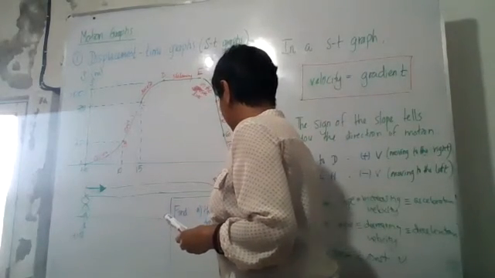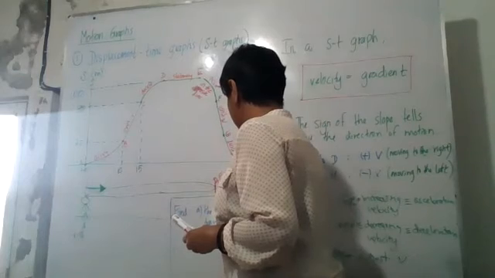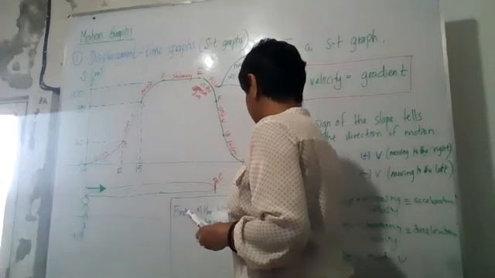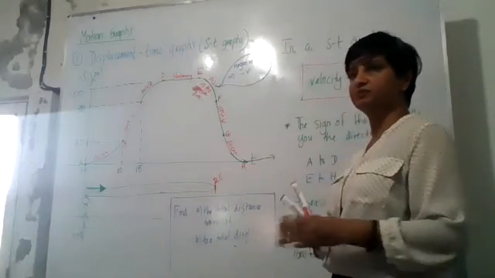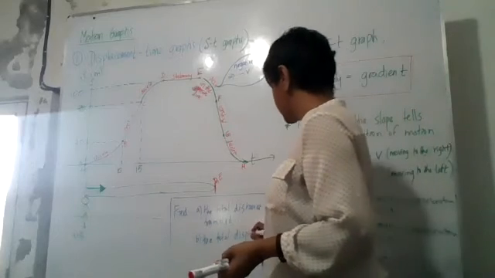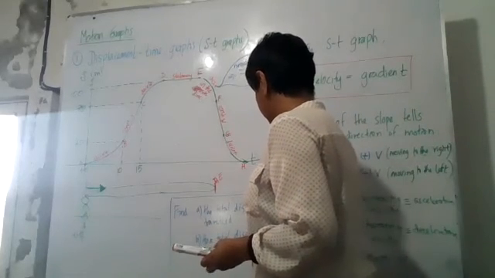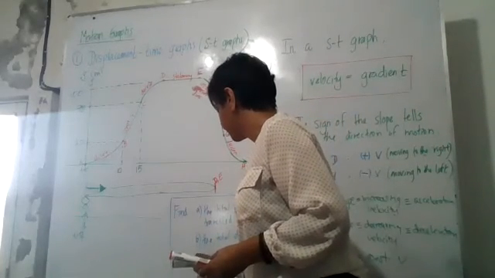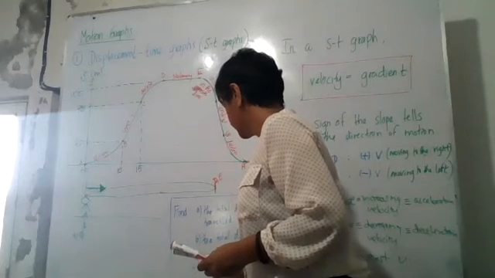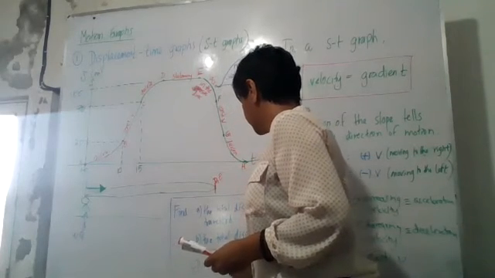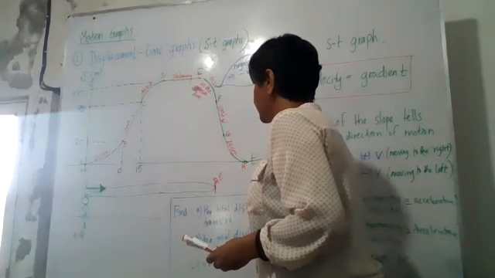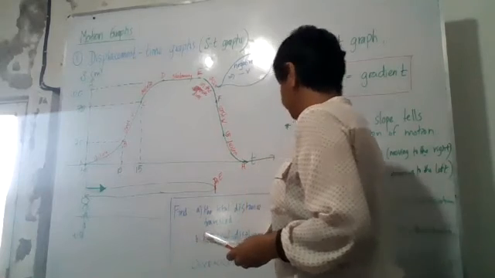The total displacement. Total means for the whole journey, the final displacement. Velocity from B to C.